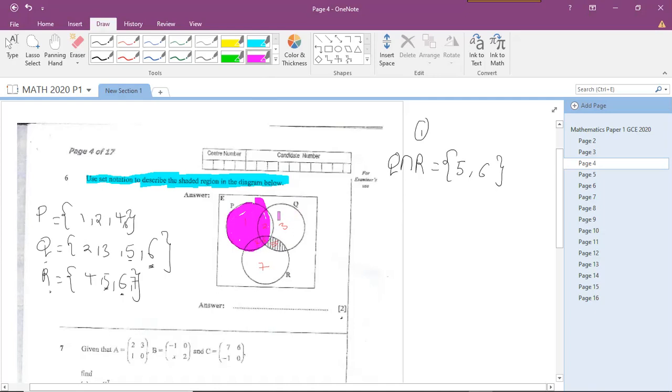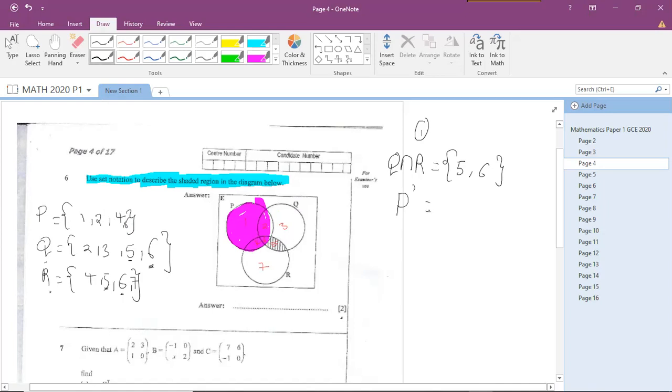So what are we going to do? We're going to get set P, but not only set P, we're going to get P complement, the complement of that set, because we're trying to get rid of this 6 by singling out this 5. So I cannot say set P as 1, 2, 4, 6, but I'm going to say P complement.